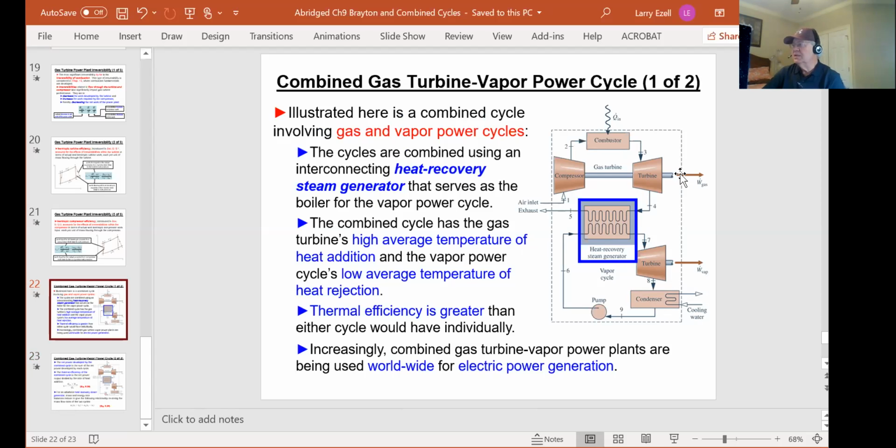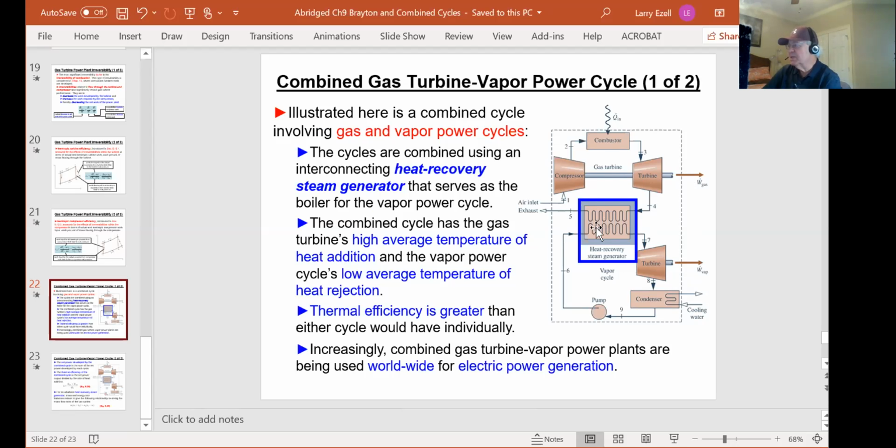Now, the one disadvantage is, by the physics of it and the amount of airflow and the amount of heat you have available here from your turbine cycle, you end up getting about half the power out of your steam turbine as you get out of your gas turbine.